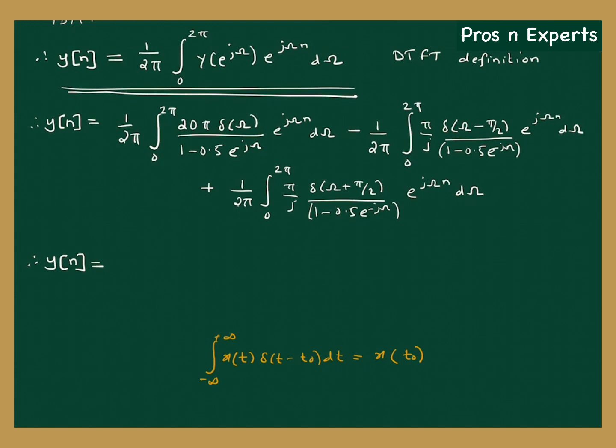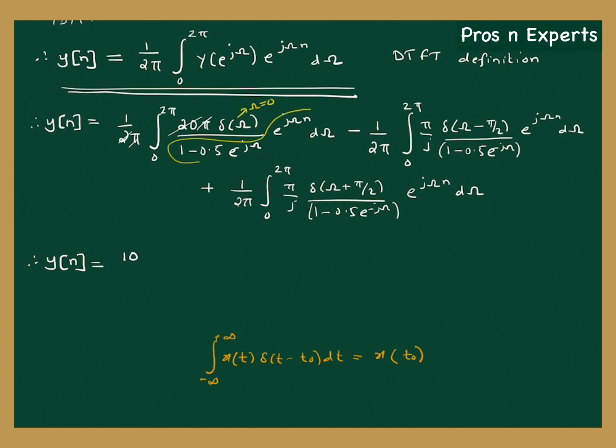So we can write this as the first term as, we can cancel out pi, so 10 into, what is the value under the integral? Here what we have is del of omega, right? It exists at omega equal to 0.